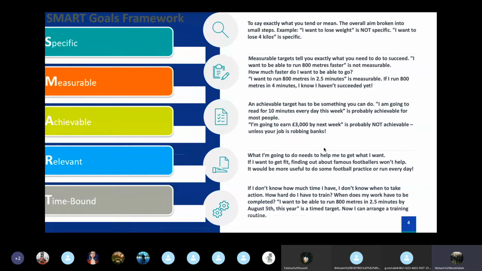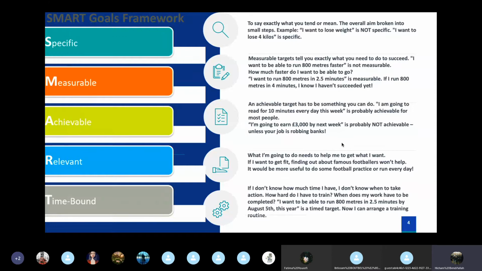As you see in the example here, I'm going to earn £3,000 by next week, which is not achievable unless you are going to be robbing banks. But if you say, I'm going to accomplish a particular diploma, and you're setting the right tools, the right materials, the right learning type, this is absolutely something achievable and normally likely to be discussed.